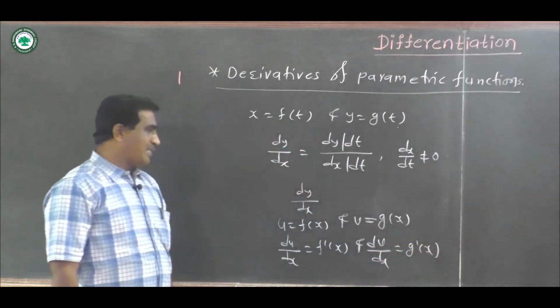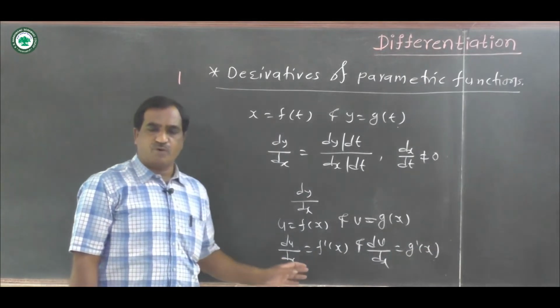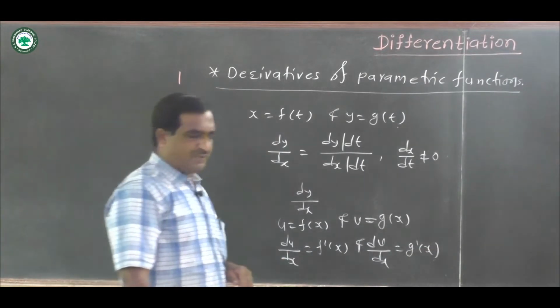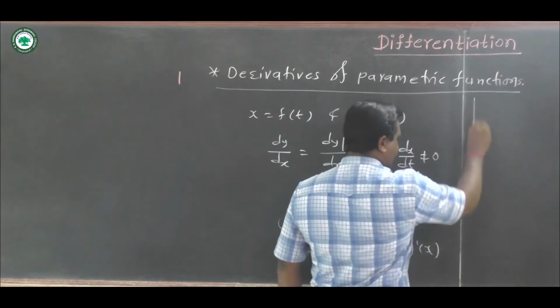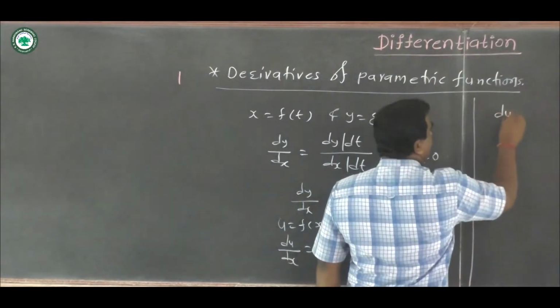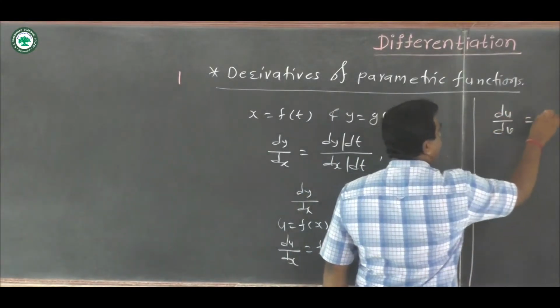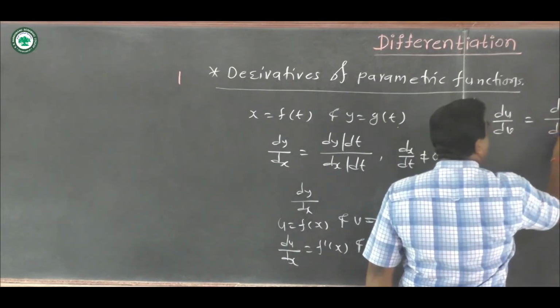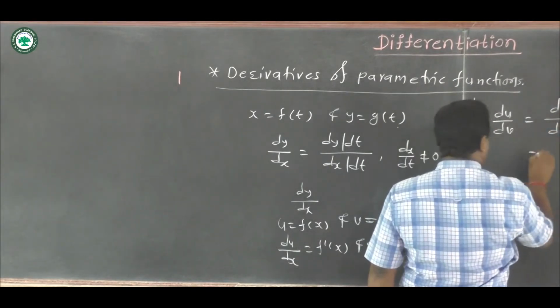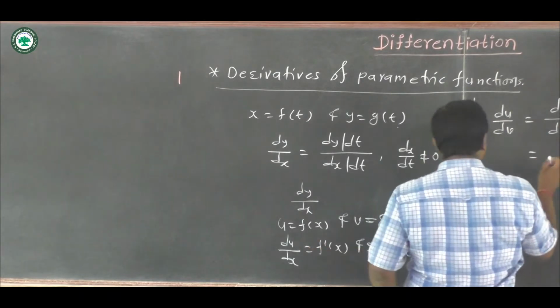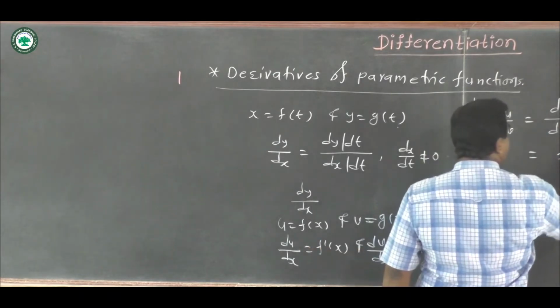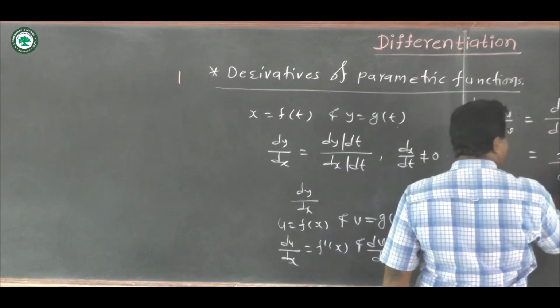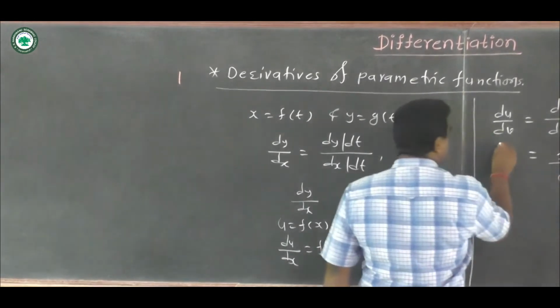Then we have to find the value for du upon dv. du upon dv is equal to du by dx upon dv by dx, that is du by dx means f dash of x upon dv by dx means g dash of x.